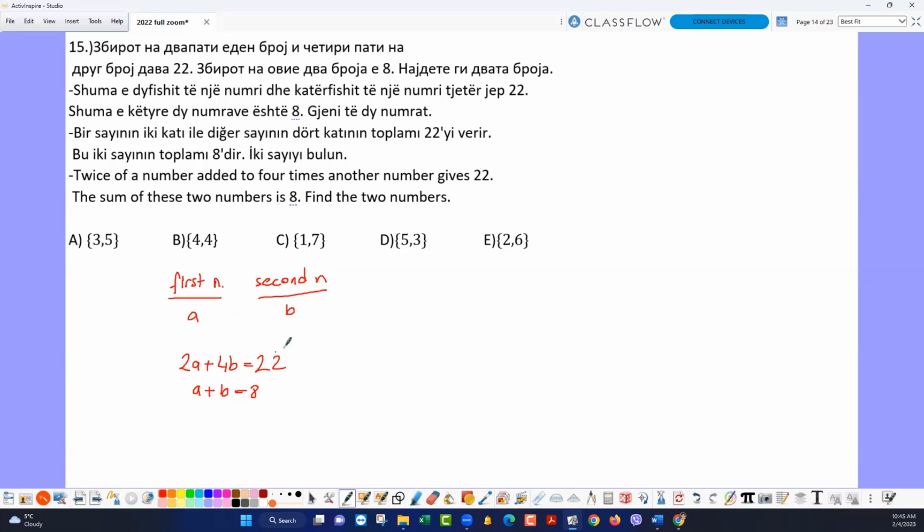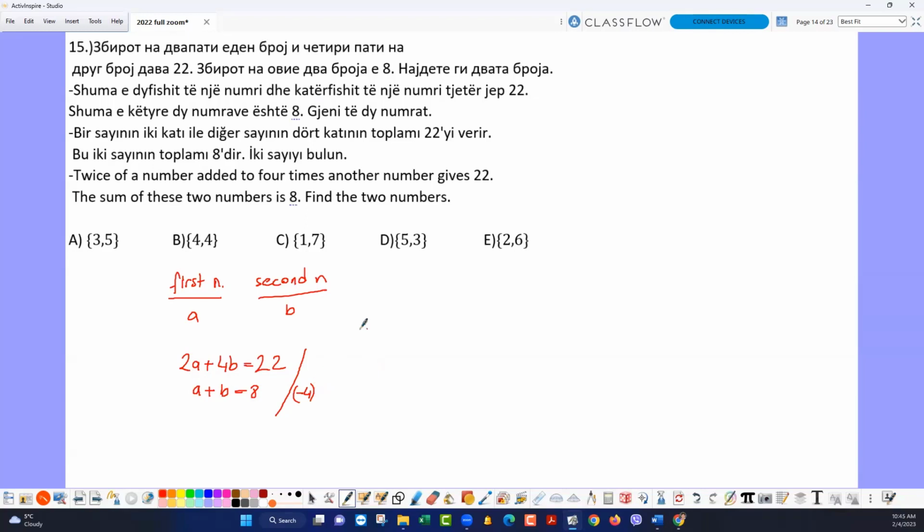So I got the same as the previous one. This is a system of equations, and I'm going to eliminate terms here. Firstly, I'm going to choose to eliminate b. Since there is 4b here, this should be minus 4b to eliminate it, which means the second equation we are going to multiply by minus 4.